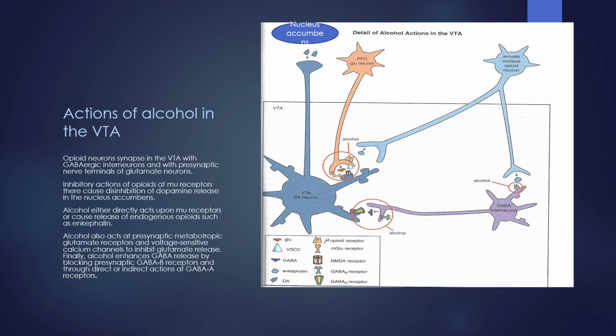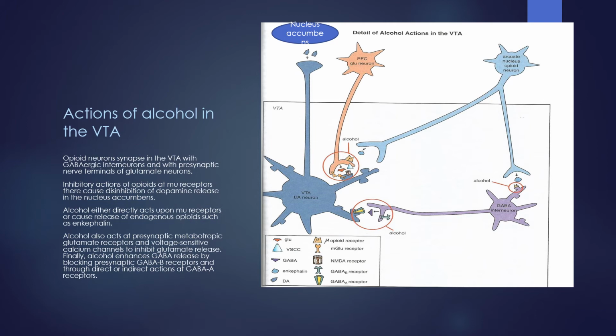Now, how is this dopamine being affected by alcohol? Let's take one thing at a time. This is the neuron in the prefrontal cortex, PFC, and these are glutamate neurons. They are in the prefrontal cortex. These are the ones which mainly decide actions and planning, and they are excitatory neurons.